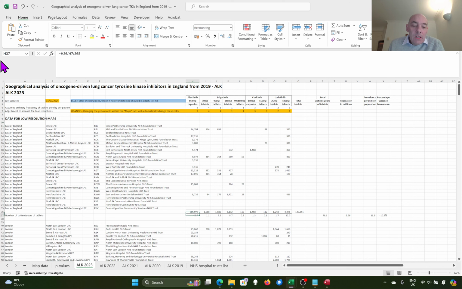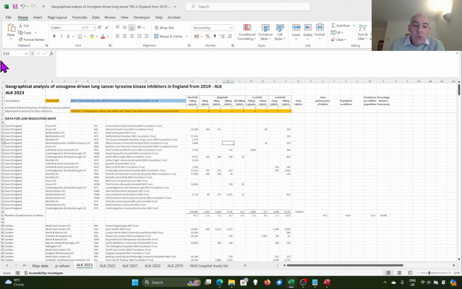And then I've divided the total tablets by that number up there in the orange, and then by 365 days, and that's a rough estimate of the number of patients on average on that particular drug in that region. So you can just see there, and I've done the same for the other drugs as well.